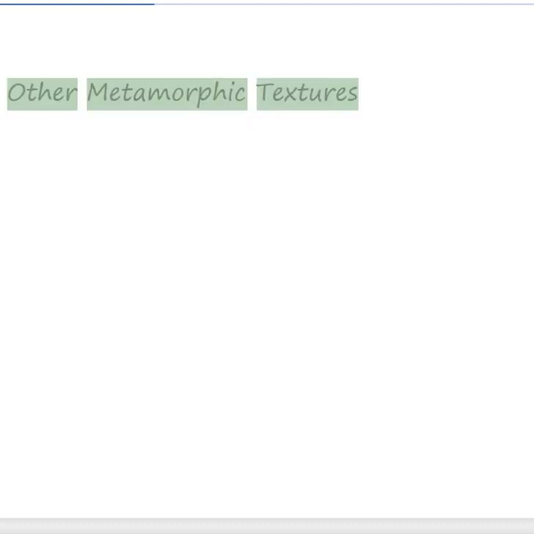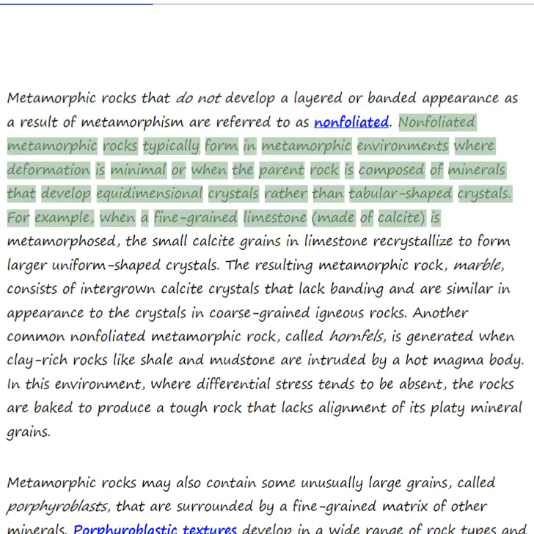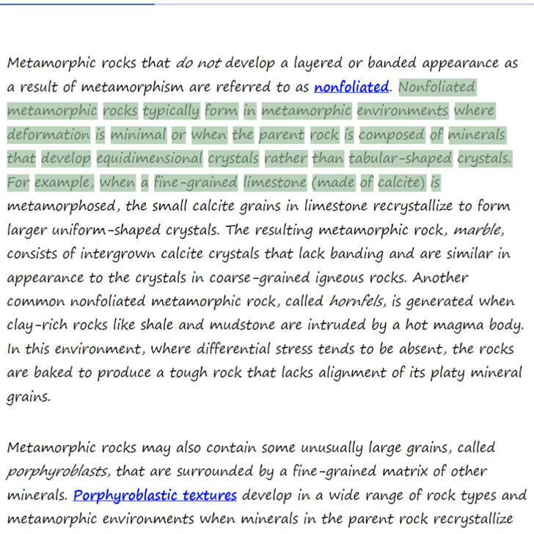Other metamorphic textures. Metamorphic rocks that do not develop a layered or banded appearance as a result of metamorphism are referred to as non-foliated. Non-foliated metamorphic rocks typically form in metamorphic environments where deformation is minimal or when the parent rock is composed of minerals that develop equidimensional crystals rather than tabular-shaped crystals.